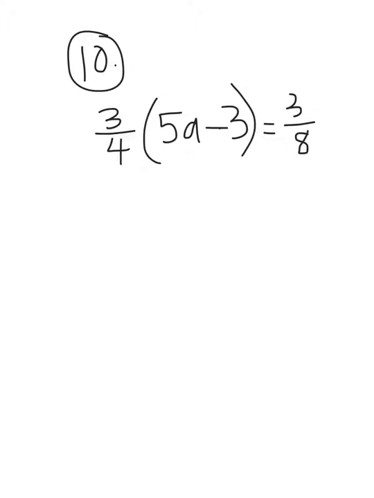Okay, this one we have distributing again with both terms. And I could do that if I wanted to. But since this is the only thing that's out here outside the terms here, I can do something else. I can cancel this 3/4 out. Let me show you.